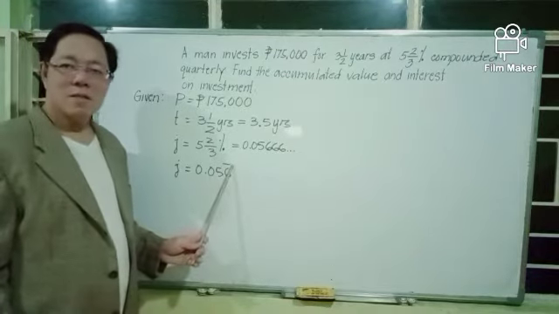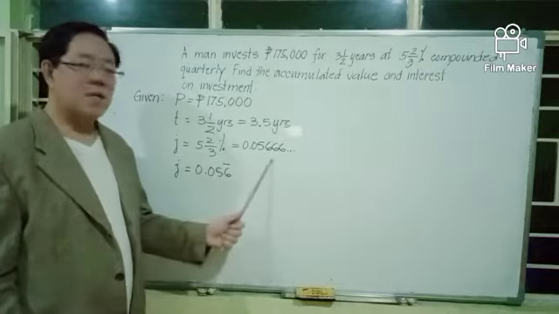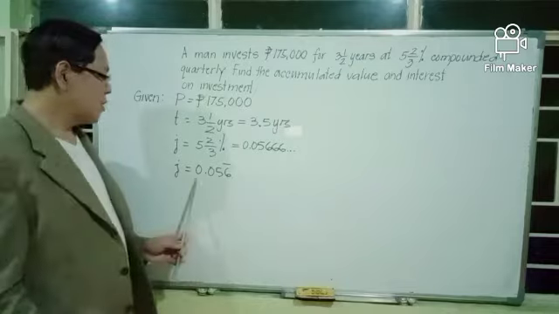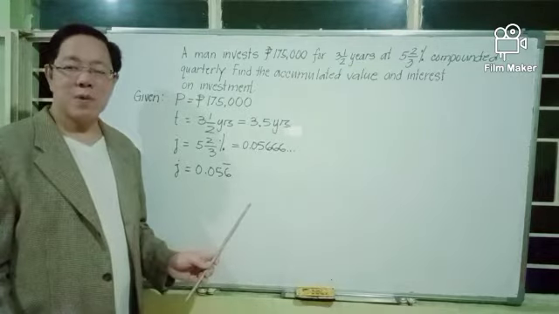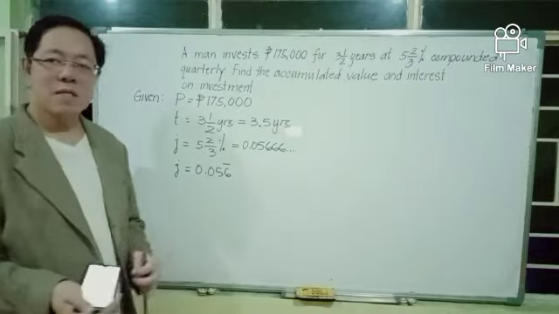The bar on top of 6 means that the digit 6 is repeated without end. And when you enter this in your calculator, you press 6 repeatedly.